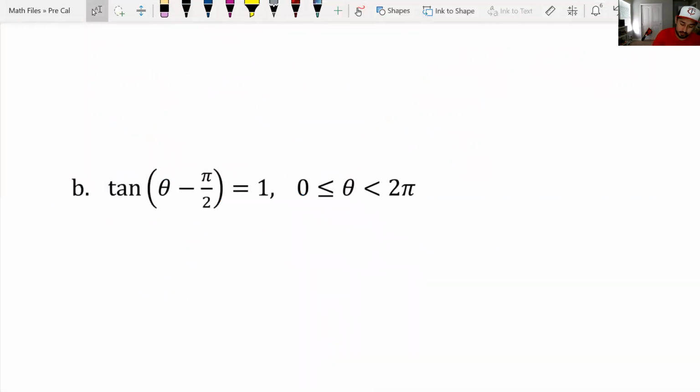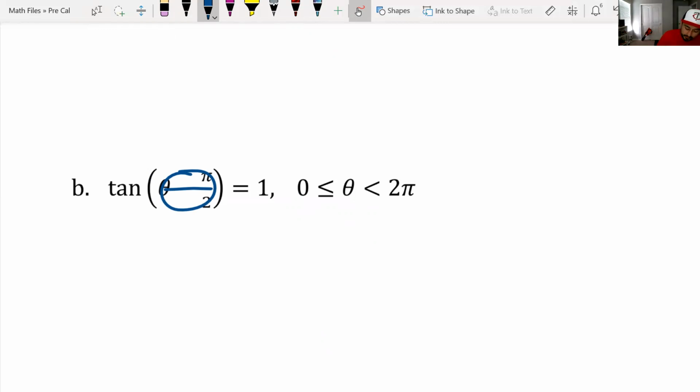So first thing we want to do is see all of this inside as just theta, right? And we want to know where on the unit circle is tangent equal to 1? What radian value on the unit circle makes tangent 1, a positive one?